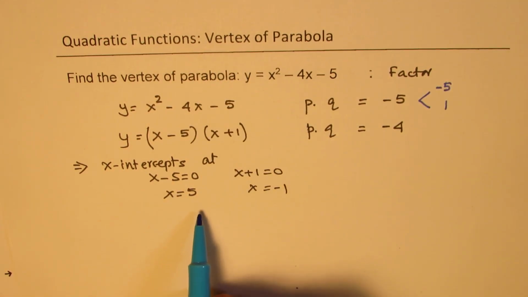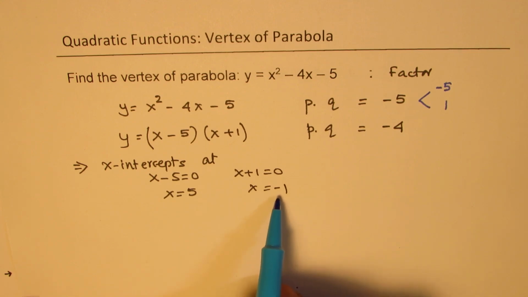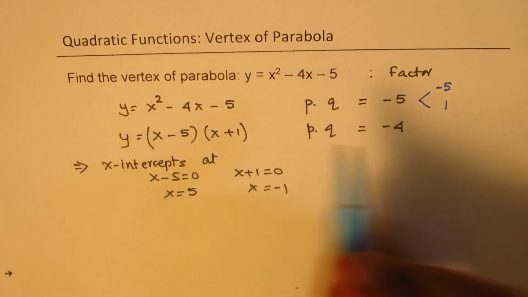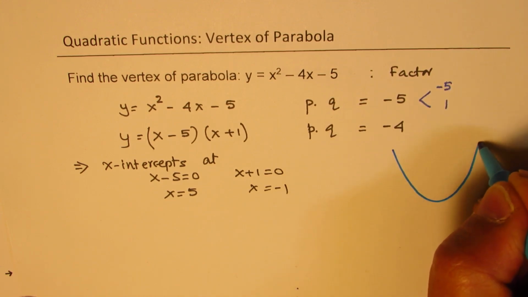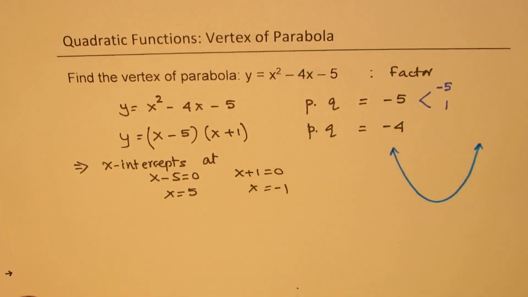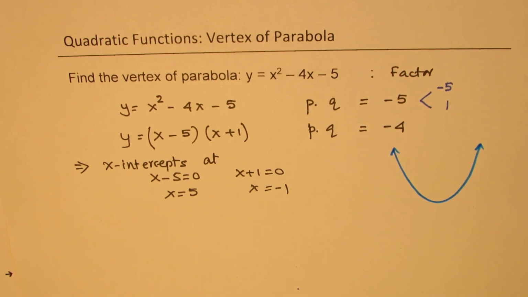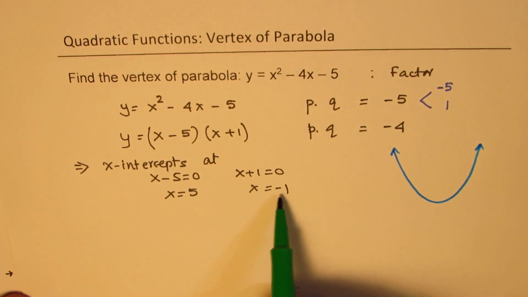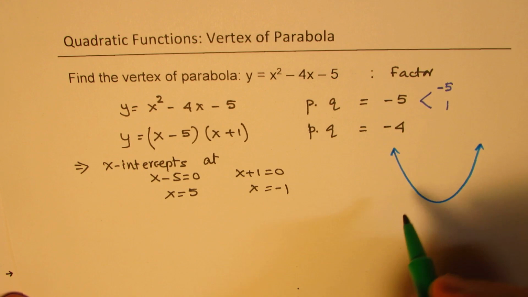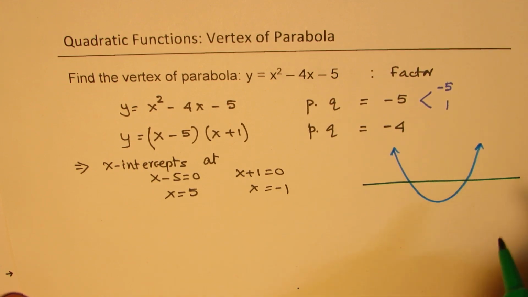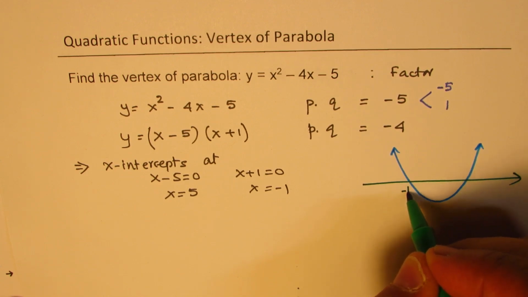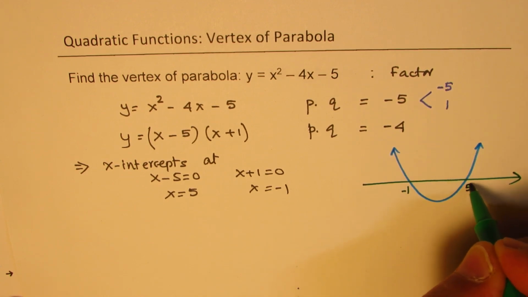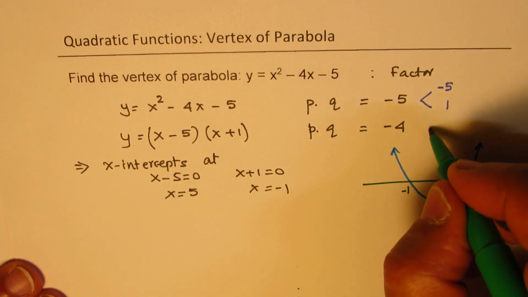We have two x-intercepts. One is at 5, the other one is at minus 1. The parabola is opening upwards. So let's say this is the parabola which opens up, right? Let's say this is the x-axis. This point is at minus 1. This point is at 5, right? So the y-axis will be somewhere here, let's say.